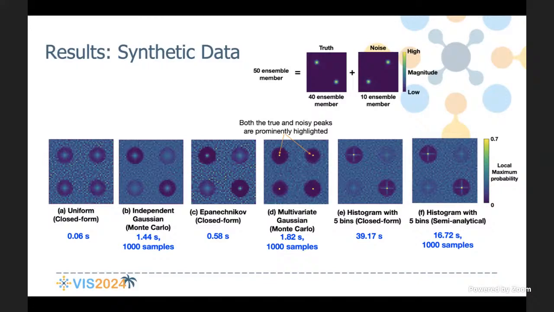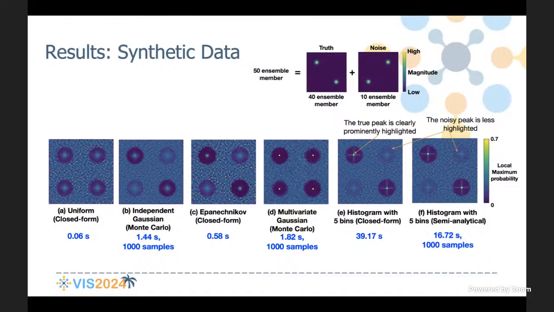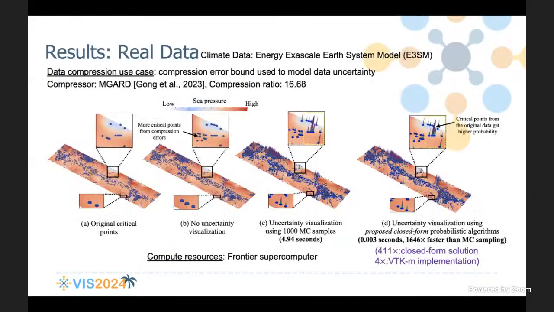So it is sensitive to outliers too. Whereas non-parametric models did the best in terms of quality, they highlighted these two true peaks and smeared out noisy peaks, but they are computationally too expensive. So we had to integrate it with VTKM or some parallel library.